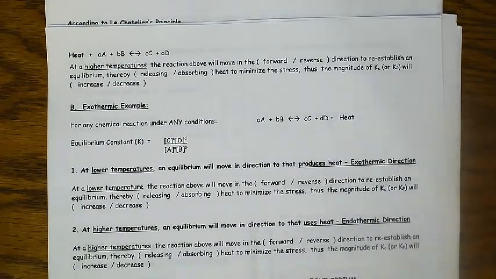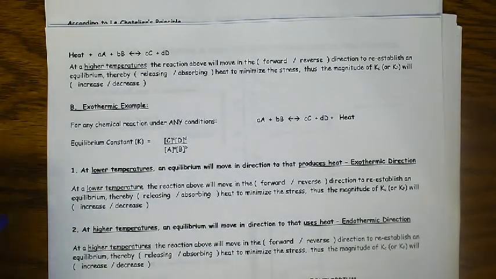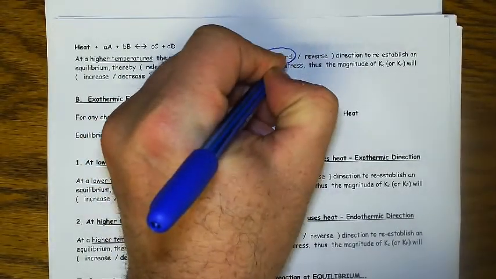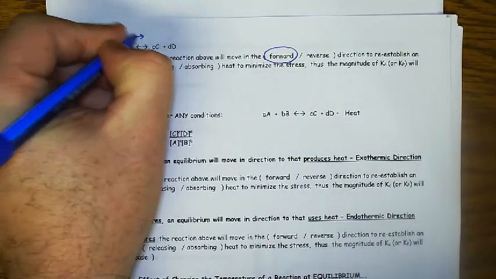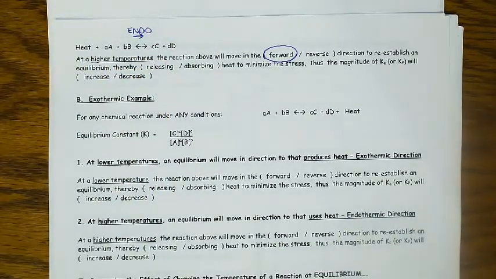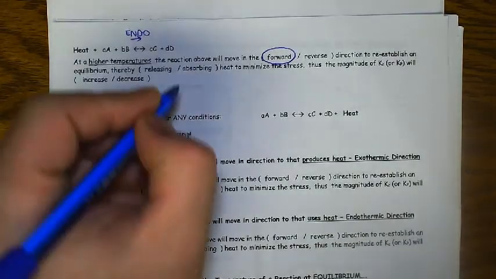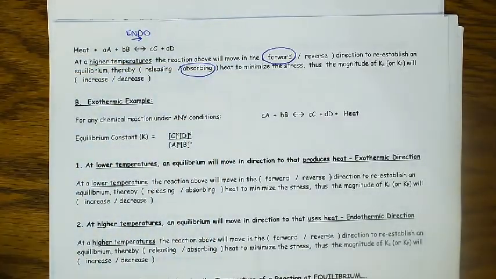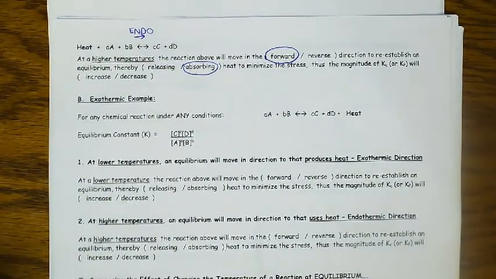So notice here at higher temperatures, the reaction will want to move in a direction that gets rid of the heat that was added to get to the higher temperatures. So it will move in the forward or endothermic direction to reestablish an equilibrium, thereby absorbing heat to minimize that stress.